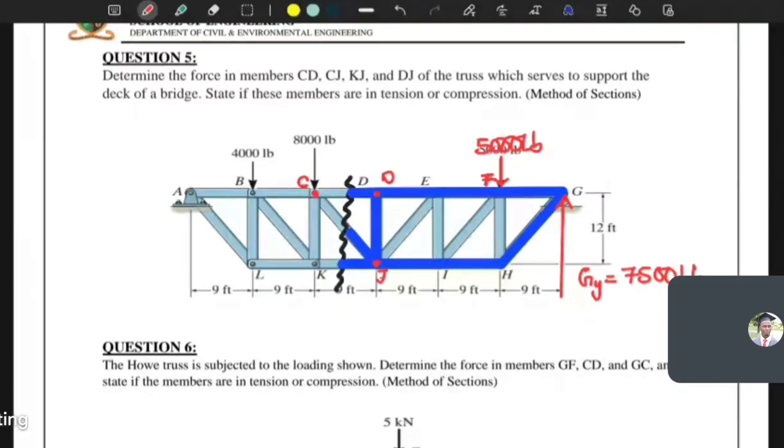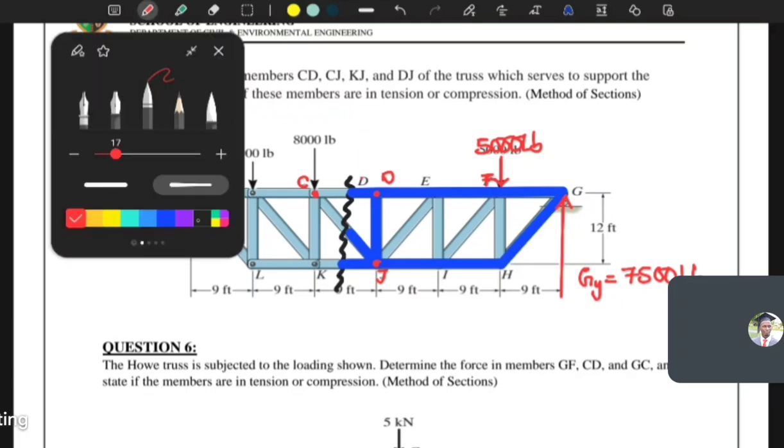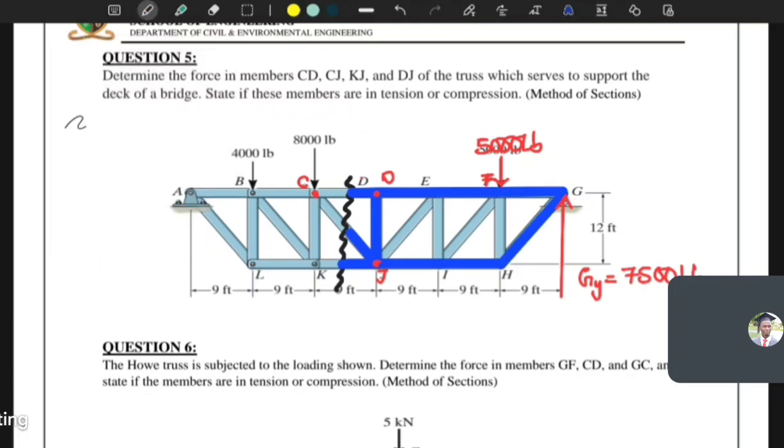Now, once we create our section, the forces inside the member, for example, DC here, will be exposed. Now, when they are exposed, here's what you need to keep in mind. In the method of section, when you create a section, if the force through the member is assumed to be coming out of the member that you have just sectioned, then the assumption is that the member is in compression.